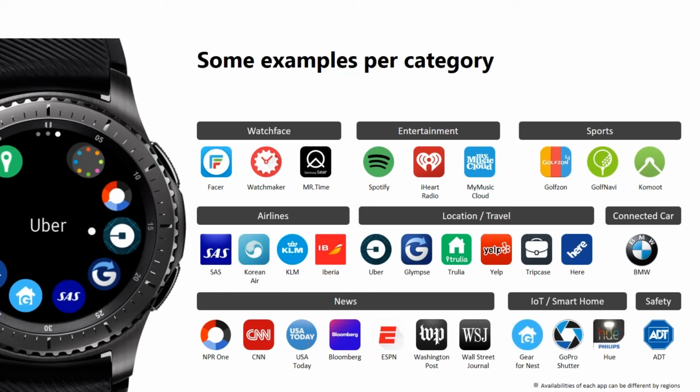Here, you can control your vehicle, like the BMW application, and use many news applications and watch faces. And you can control your Nest thermostat or your GoPro camera, as an example. The best way to discover what's available is to browse the catalog yourself.